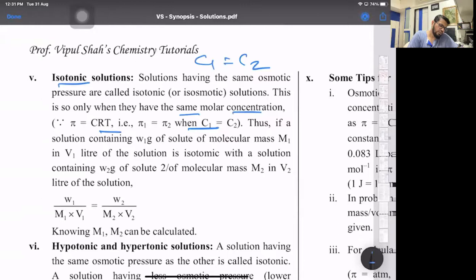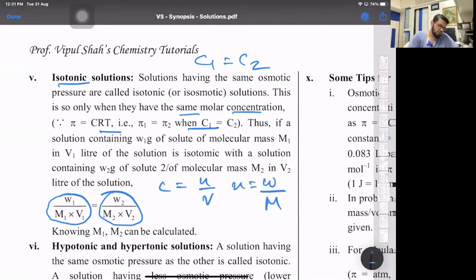So we can have W1 by M1 into V1 is equal to W2 by M2 into V2, because C is nothing but n by V, and n is nothing but the given weight upon its molecular weight. That is C1 by C2.